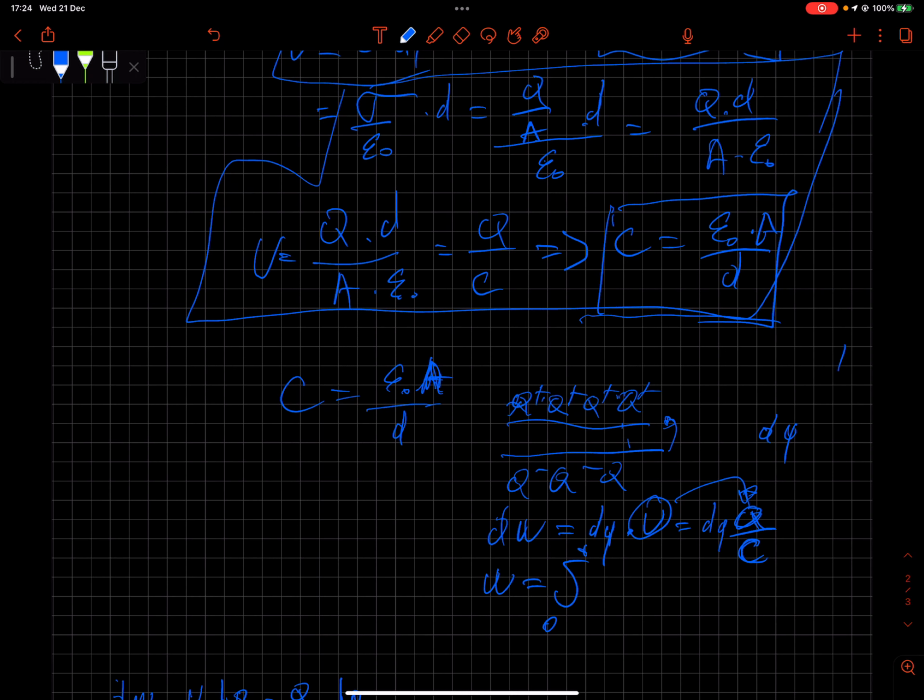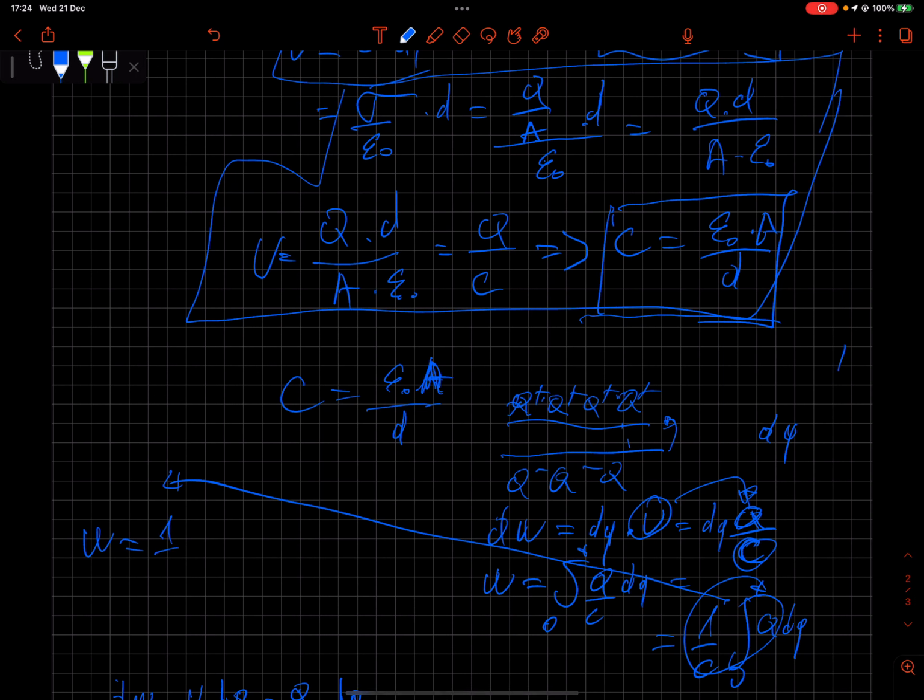We can write delta Q, but since 1 over C is a constant, we can pull it out. So we have the integral of Q delta Q, which is equal to 1 over C times Q squared divided by 2.